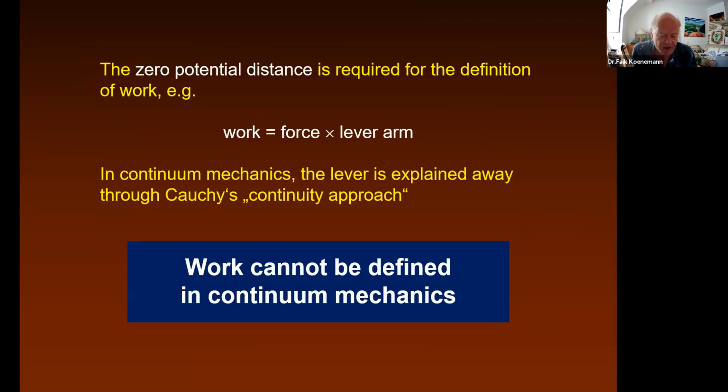The loss of spatial dimension in continuum mechanics has the effect that elasticity cannot be logically connected to the concept of work. The effect of work is a displacement in real space. Any potential problem has a real distance term as a property that is required to define work. This zero potential distance does not exist in continuum mechanics.